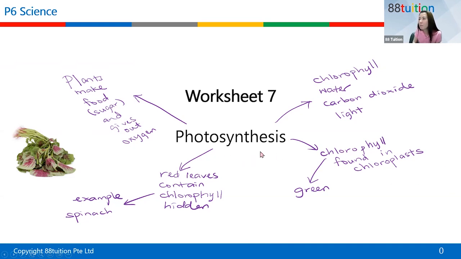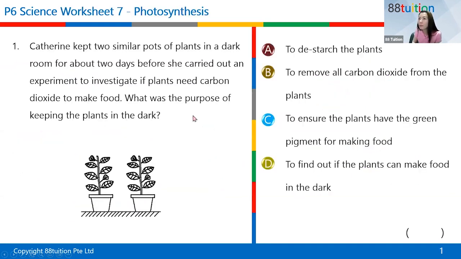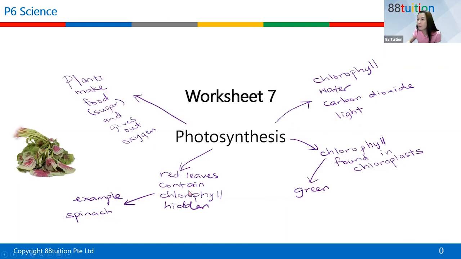Okay, so if I want to write a bit more about photosynthesis, what do you think I can add in? What else do you think I can add in about photosynthesis? There's respiration.